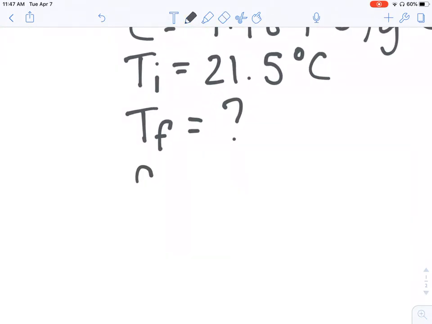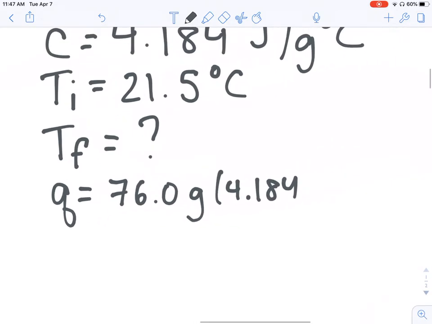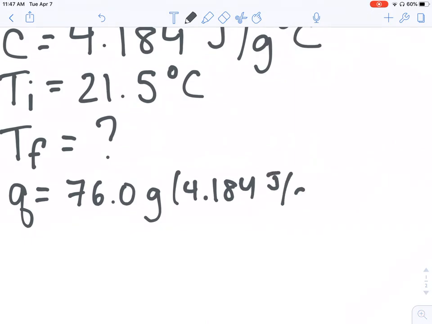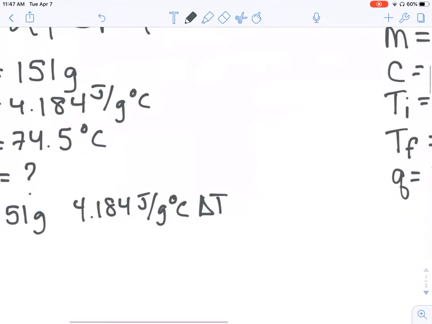For the other side, Q will equal 76.0 grams times my 4.184 joules per gram degree C, and then times, again, delta T. I'm just going to leave it as delta T for now. All right, so I have all of my numbers plugged in.